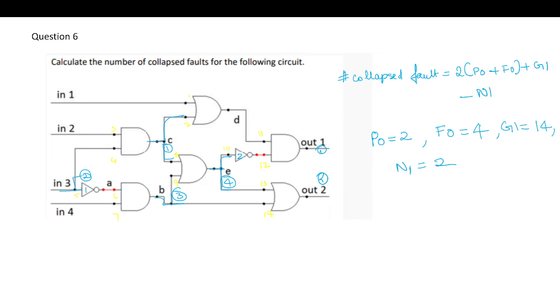So if we substitute, 2 times 2 plus 4 plus 14 minus 2. It is 6 plus 6 into 2, 12, 12 plus 14, 26 minus 2, which is 20.